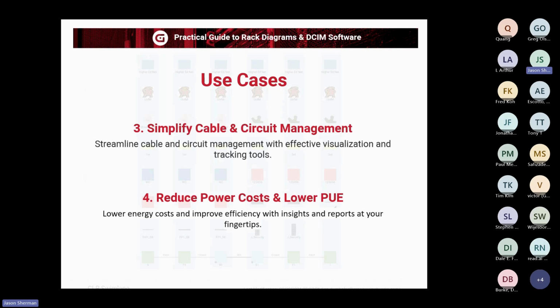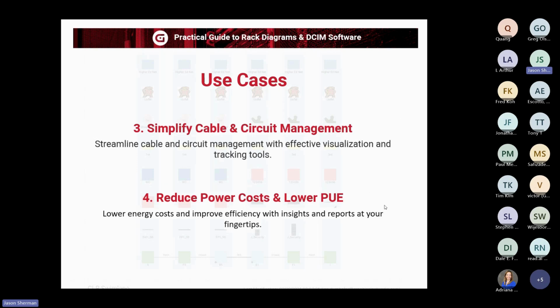But you also don't have to overcomplicate it. Maybe it's more simply routers to a switch, or just some core infrastructure cabling that you want to keep track of. So within the DCIM tool, it's kind of up to you, at least in our tool. You kind of do what you want.